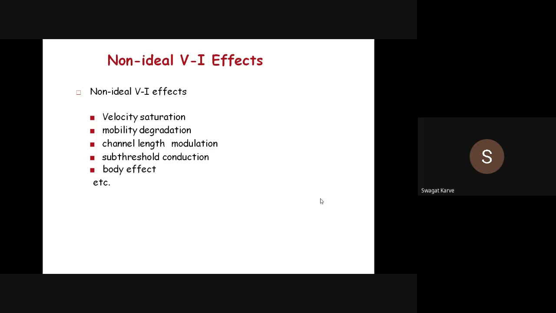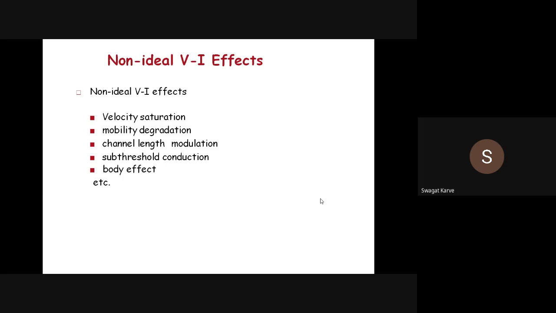So along with whatever VI characteristics we have studied, that is the ideal one, the NMOS transistor also exhibits these non-ideal VI effects.